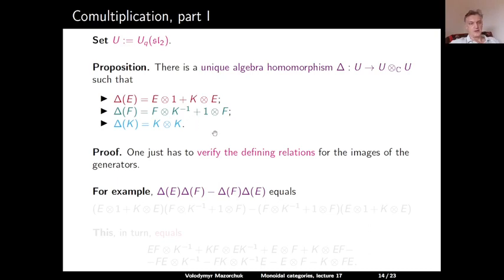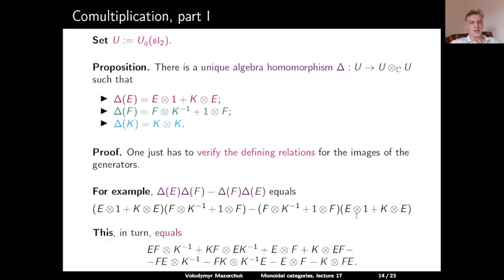So using the formulas which we have, Delta(E) Delta(F) minus Delta(F) Delta(E) equals the following expression. So Delta(E) is E tensor 1 plus K tensor E, Delta(F) is F tensor K inverse plus 1 tensor F, and now we swap them. This we can compute, and we have this very big formula where we just naively multiply the ingredients here.